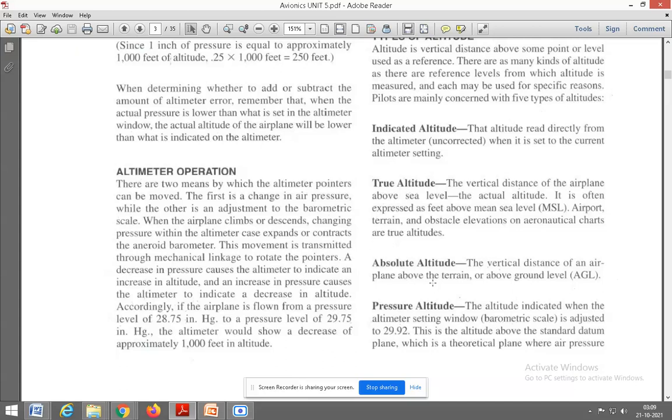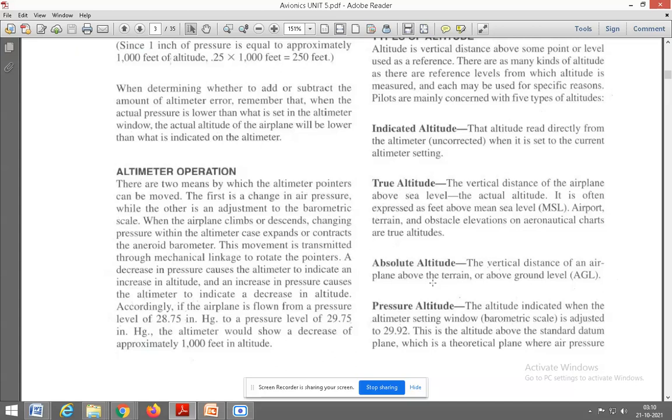So the true altitude value will be indicated, not the uncorrected value, because above the mountain or sea level you will have changes in the altitude value, so that actual altitude value will be indicated.